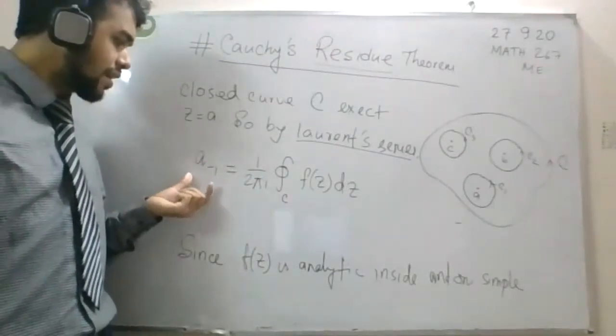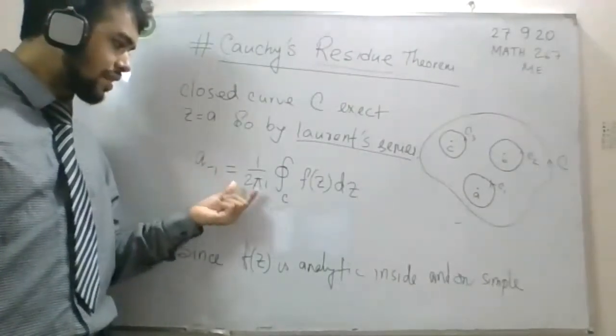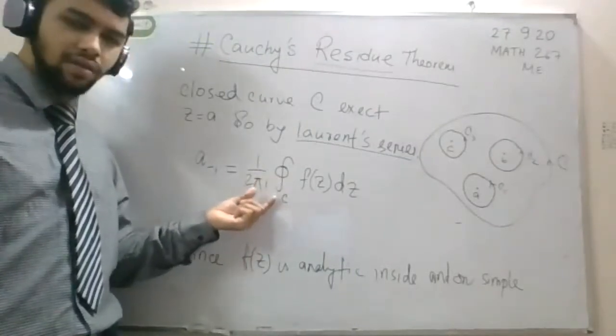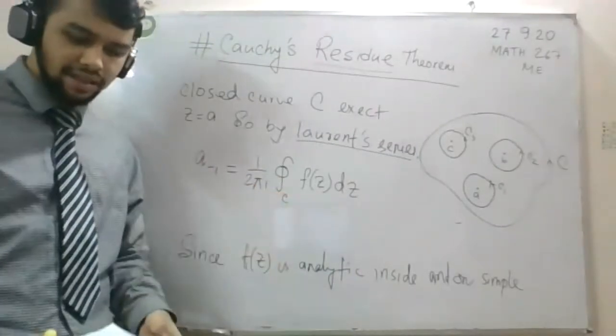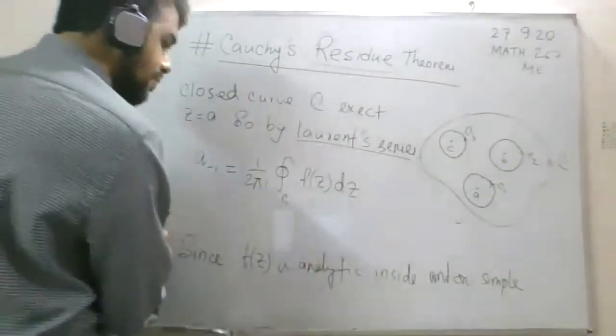So here a subscript minus 1 can be written as 1 by 2 pi i, closed integration f(z) dz.